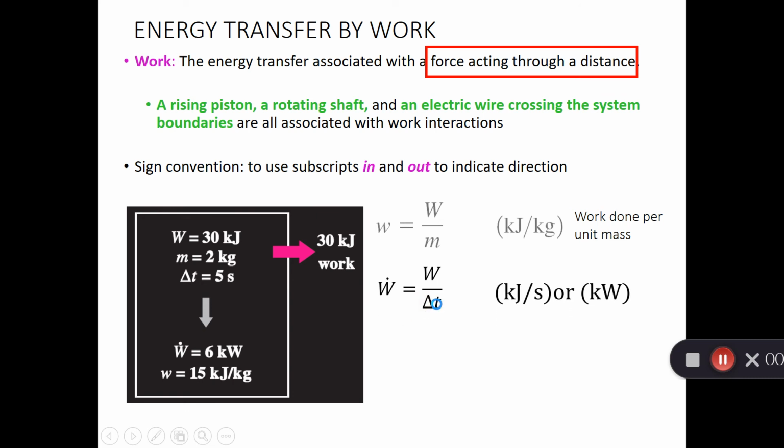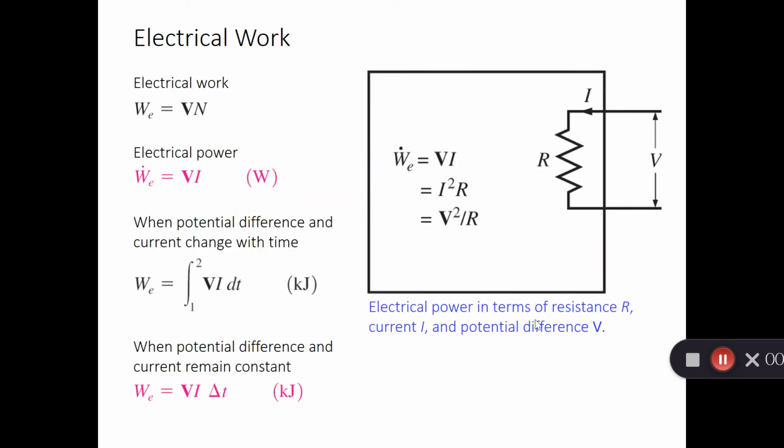Now, this is in kilojoule per second or kilowatt, just like all other energy terms, just like energy, just like Q. And this is also known as power. I'm sure you know this. Power is in watts or kilowatts. You've learned about it before. So sometimes the word power is used instead of rate of work. So write all of this down. It's a lot of information.